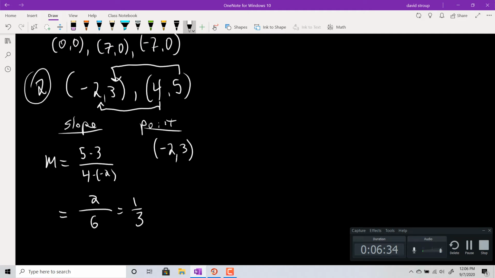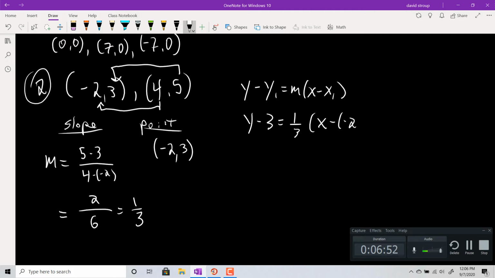Then to get the equation of the line, I need my point-slope form. So you need to have that formula memorized. So I'm going y minus 3 equals 1/3 times x minus -2. Now I clean this up. The slope-intercept form is when you have y equals mx plus b, and that's what the question was asking for.